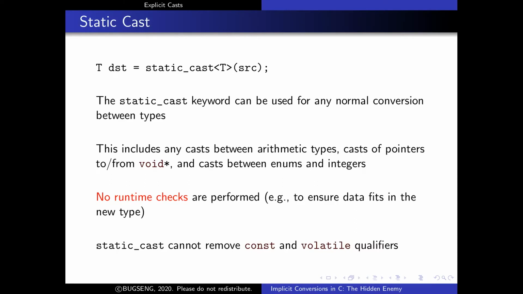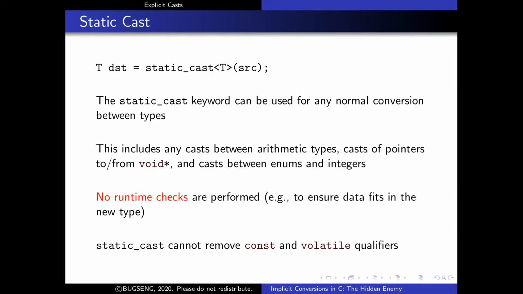This includes all casts between arithmetic types, casts of pointers to and from void pointers, and casts between enumerations and integers. No runtime checks are performed, so no check is done to make sure that the data fits in the new type, or, in case you are converting pointers, that you obtain a valid pointer.